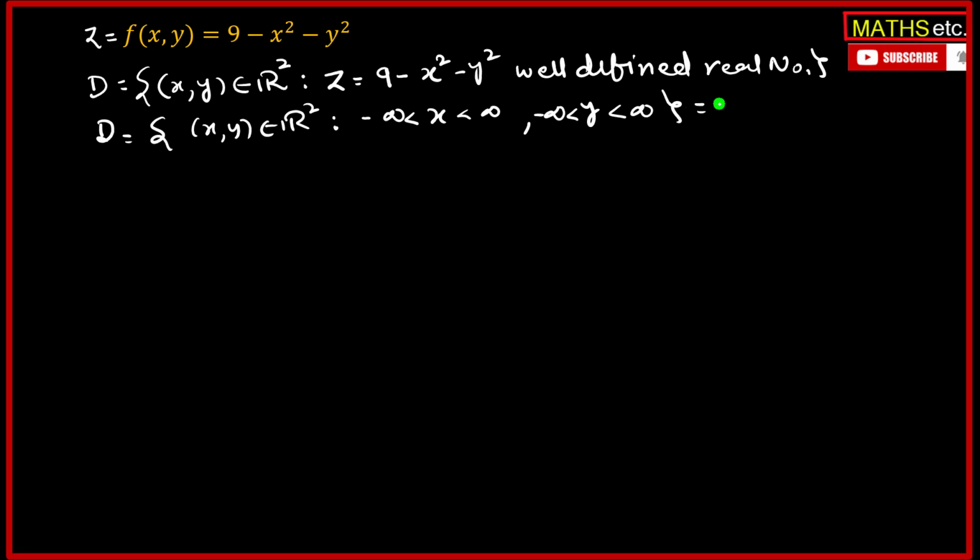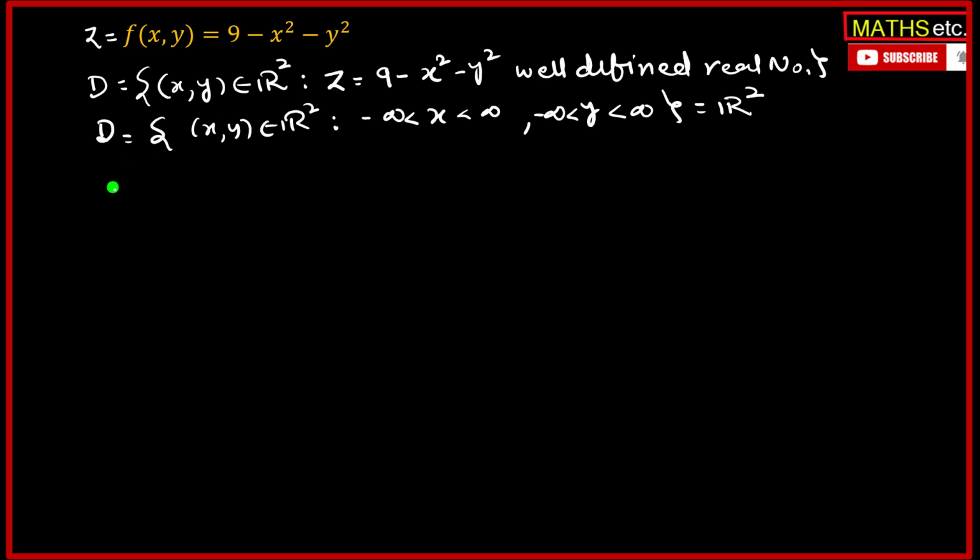In fact, in this case, the domain is the entire xy plane. The other way of understanding it is that this function is a polynomial function in x and y variables. For a polynomial function in two variables, the domain is always the entire two-dimensional system, that is the xy plane.